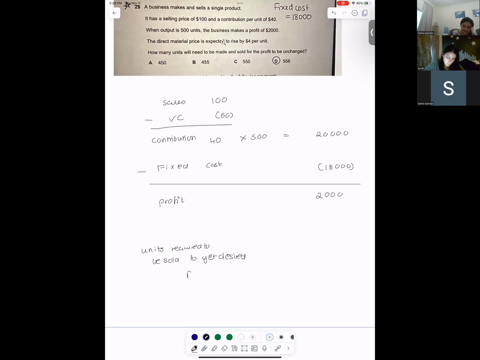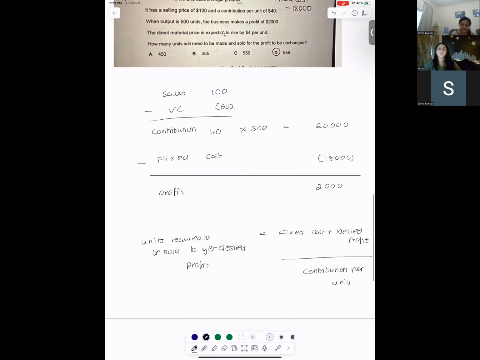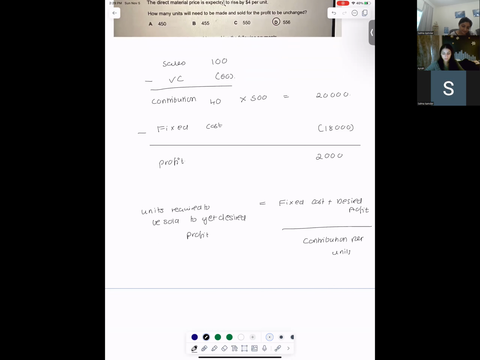The formula for this is fixed costs plus desired profit upon contribution per unit. To get the units that you are required to sell for the desired profit. So desired profit is going to be 2,000 only. Your fixed cost is going to remain the same.